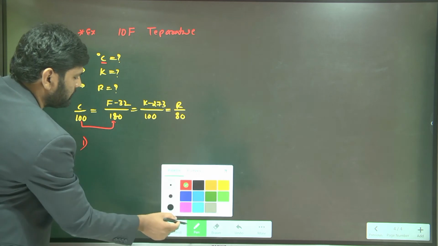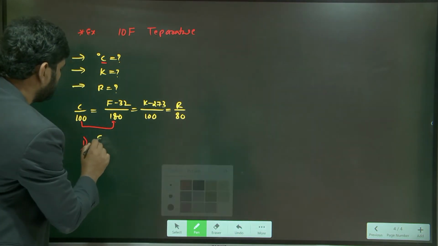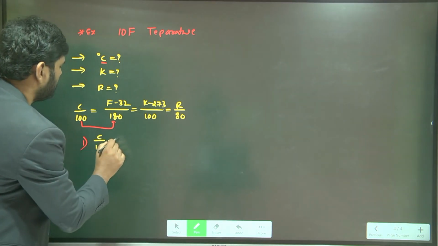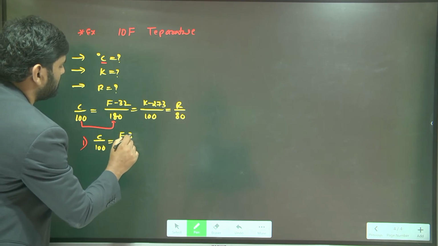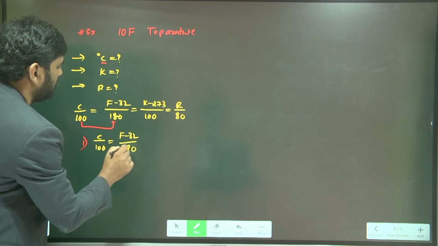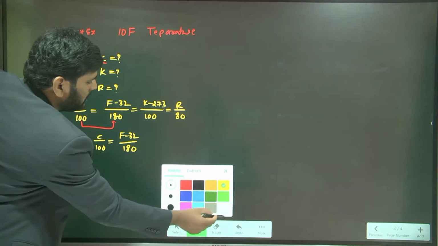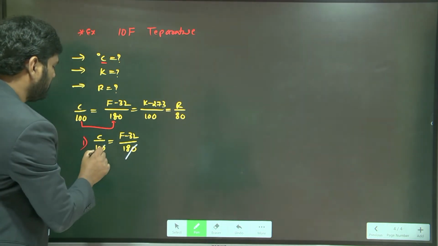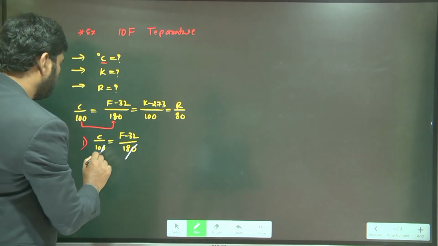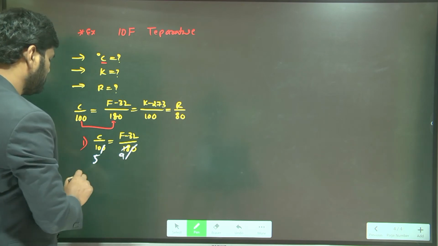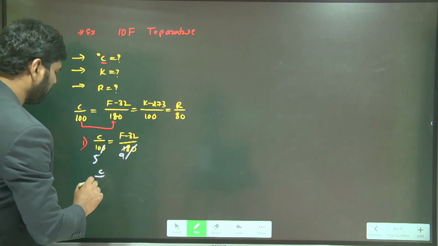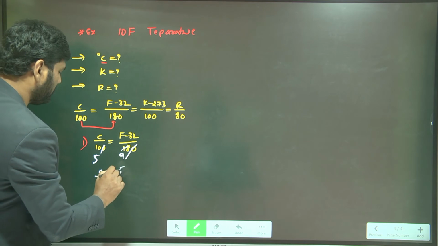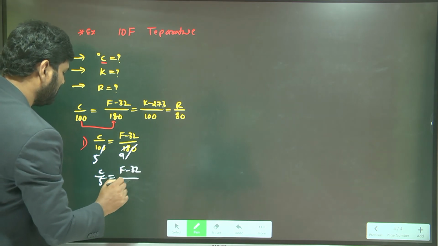To convert 10 degrees Fahrenheit, C by 100 is equal to F minus 32 by 180. Simple calculation here. The zeros get cancelled. This is 5, this is 9. So C by 5 is equal to F minus 32 by 9.